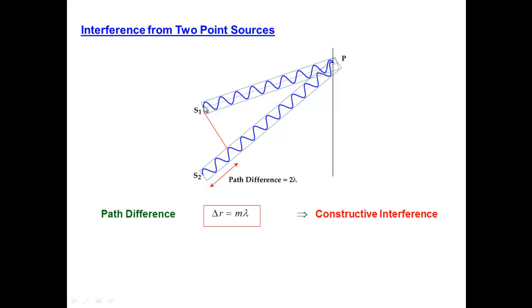Then the two waves would be starting out at different points in their phase, and when they reach point P, they would interfere destructively. So if delta R is a half-integer multiple of the wavelength, 1/2, 3/2, 5/2, and so on, we see destructive interference.